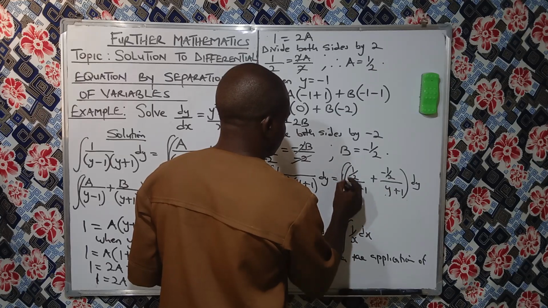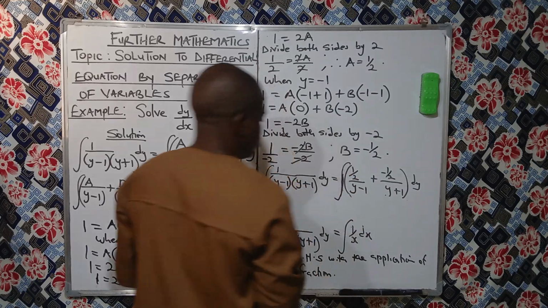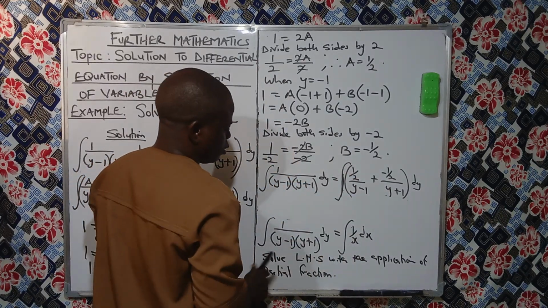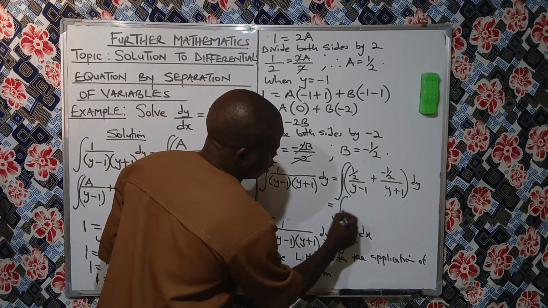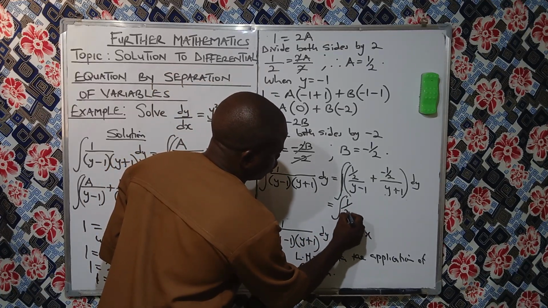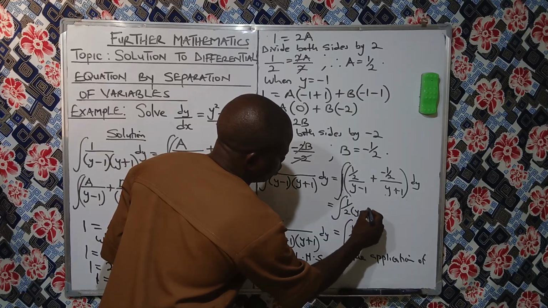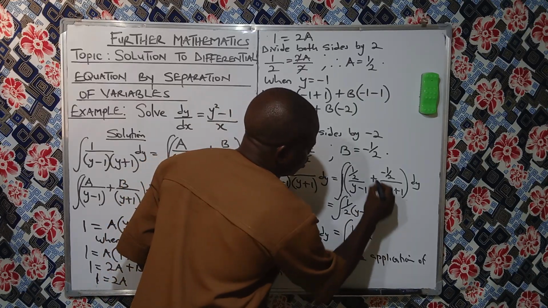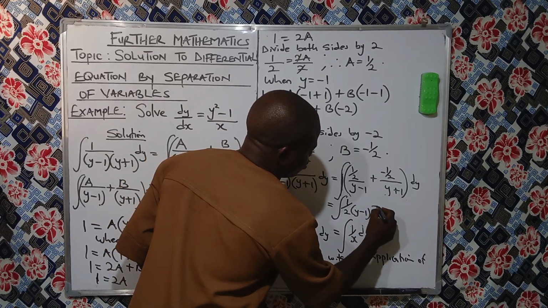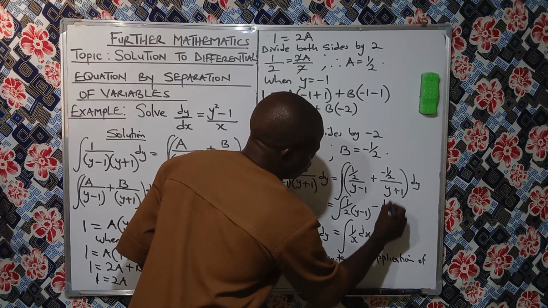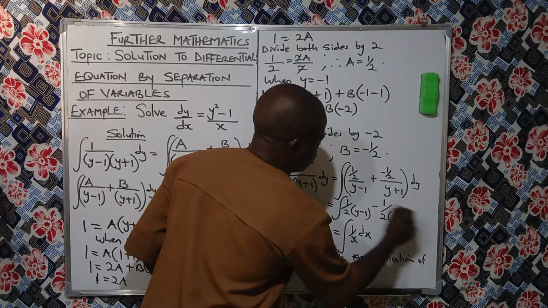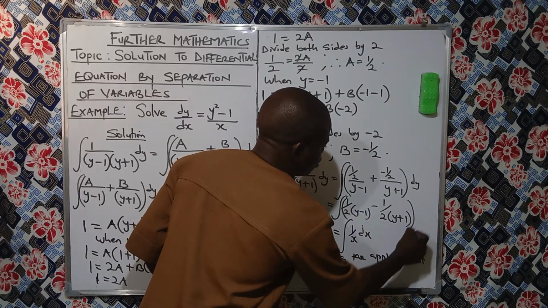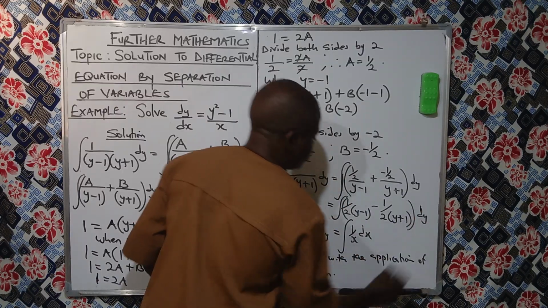Now, since you have this expression, it's now equals to integral of 1 over 2 y minus 1, the negative gives us negative 1 over 2 y plus 1. Close the bracket. dy.